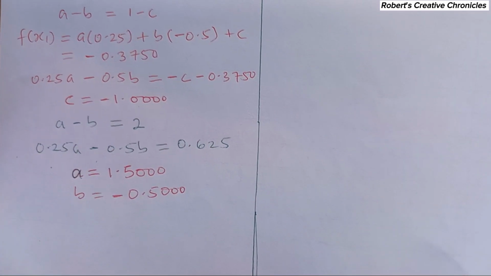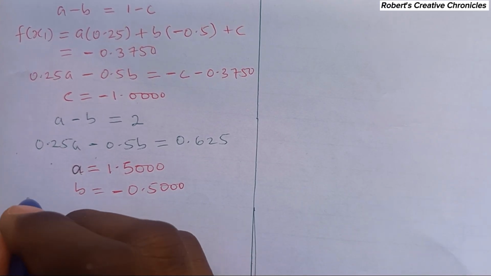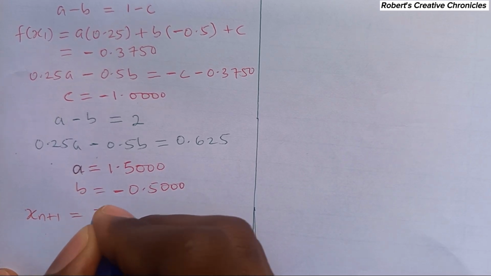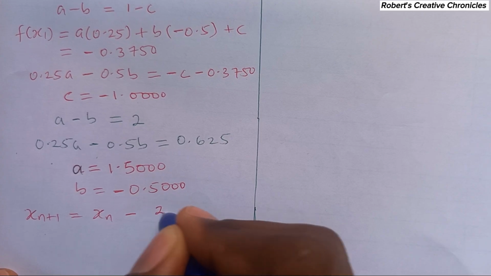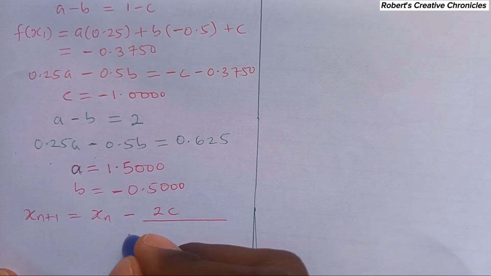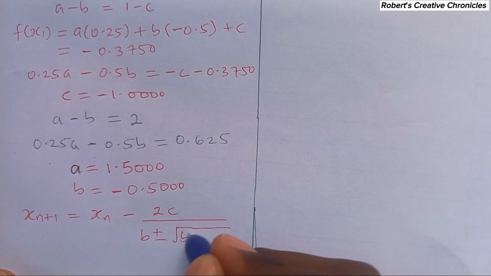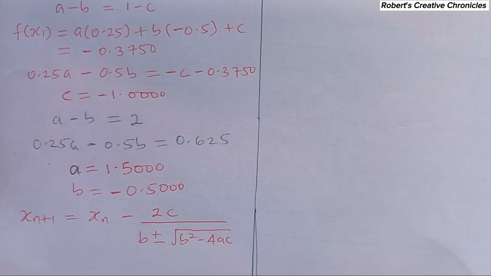So now we can do the first iteration. The iteration is given by this formula. Xn plus 1 is equal to Xn minus 2C over B plus minus root of B squared minus 4AC.